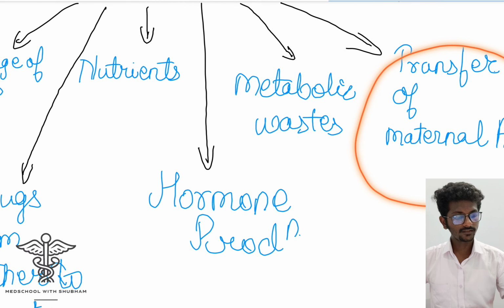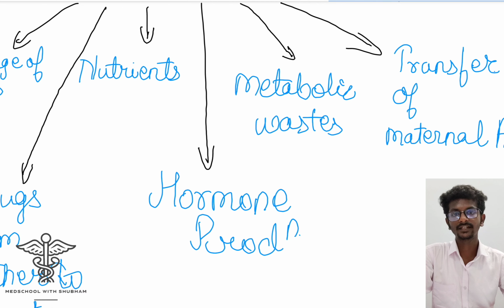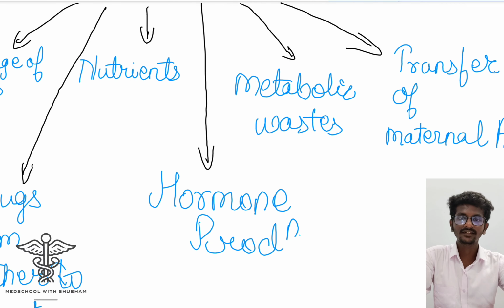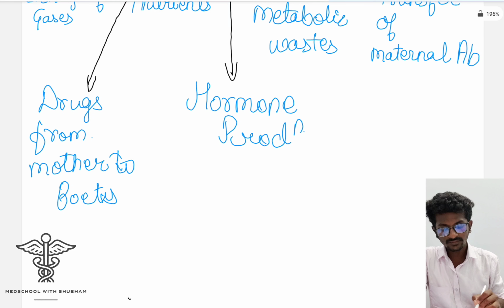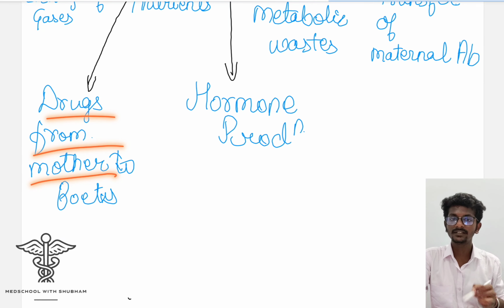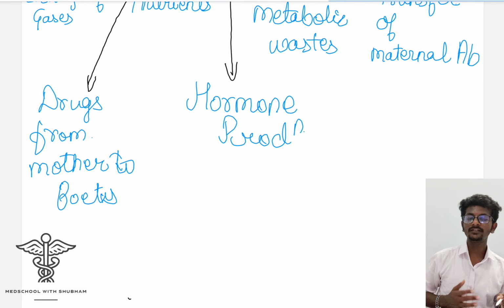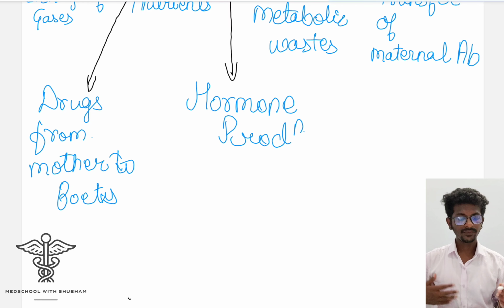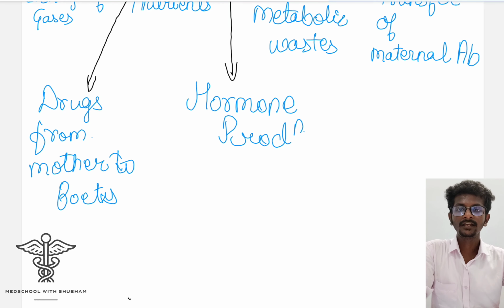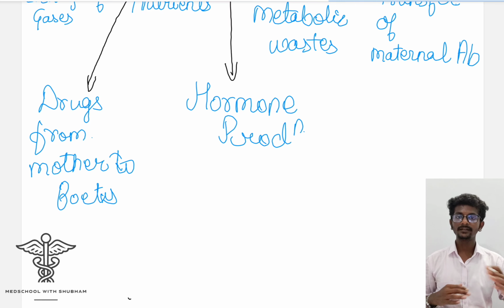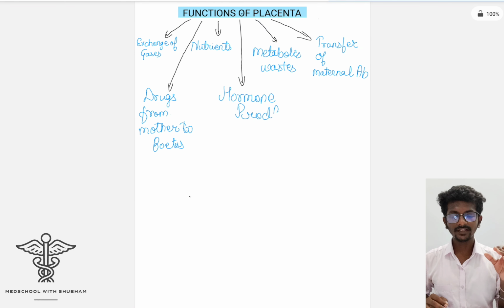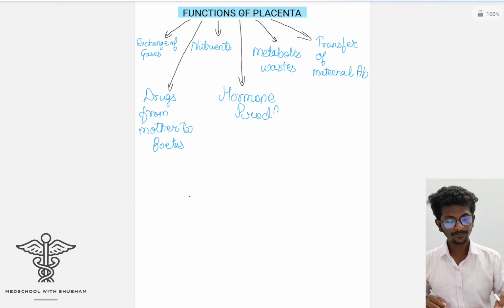Therefore the maternal antibodies are transferred from mother to the fetus, ready-made antibodies. Some drugs are also transferred from the mother to the fetus. And various hormones are also prepared by this placenta, which are very necessary to run the pregnancy. So these are all the very important functions of the placenta.